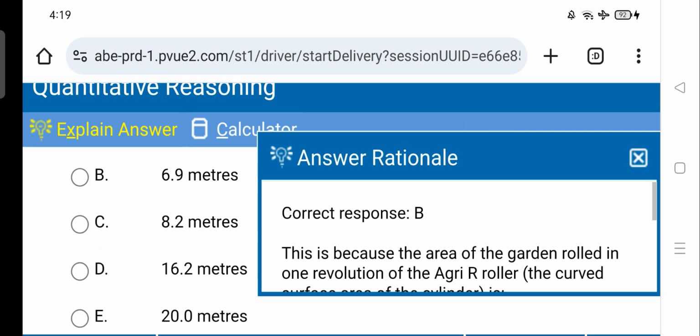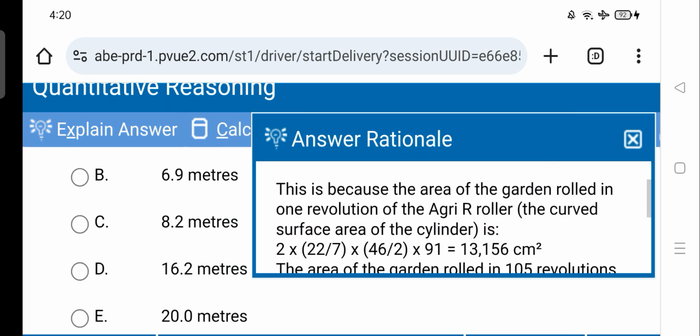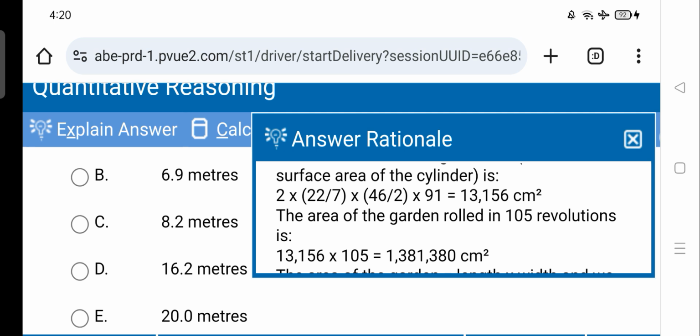This is because the area of the garden rolled in one revolution of the agri-R roller, that is the curved surface area of the cylinder, is 2 into 22 by 7 multiplied by 46 by 2 multiplied by 91 equals 13,156 centimeters squared.